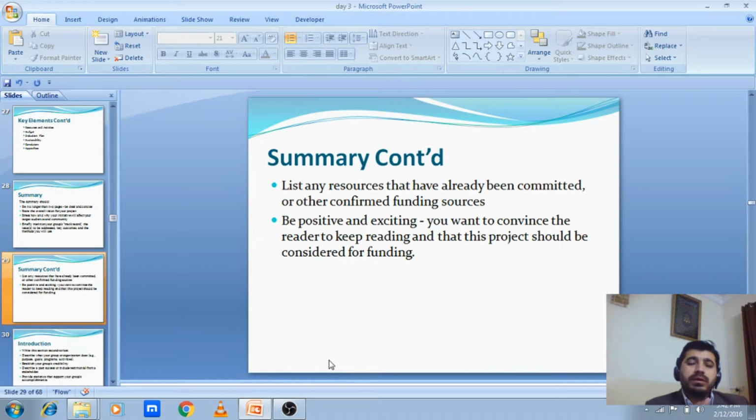This is the first thing that the reader will read. So if it's catchy and attracts the reader and he keeps reading, that means the summary has achieved its purpose. Now, I usually recommend writing this summary right at the end of your proposal. When you complete all the other elements, only then you come back and write the summary.